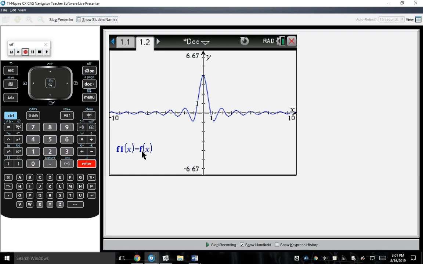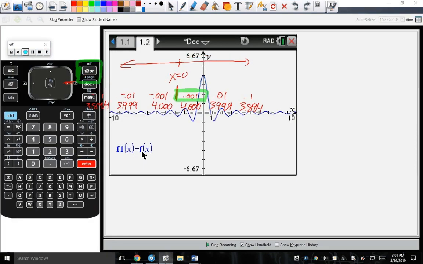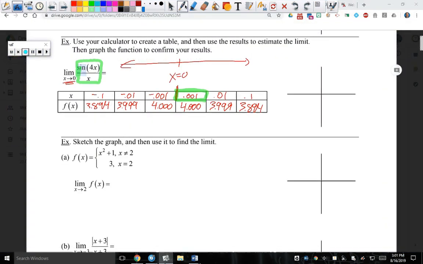So our graph is going to look like this sinusoidal function that's oscillating. It's going to oscillate back and forth, and then it goes like this, and then it goes like that.